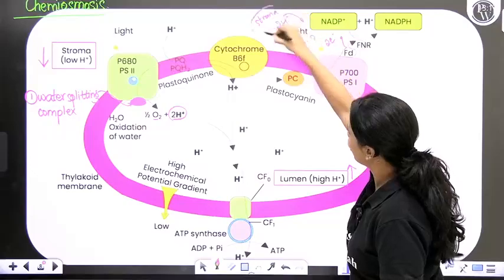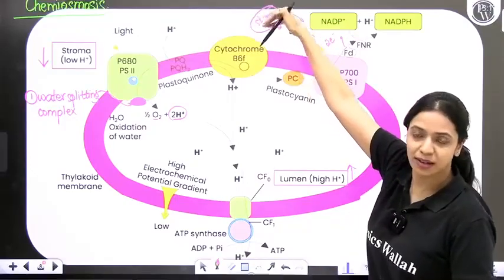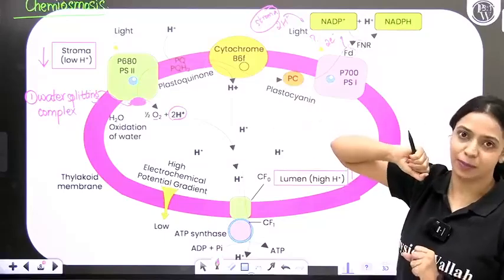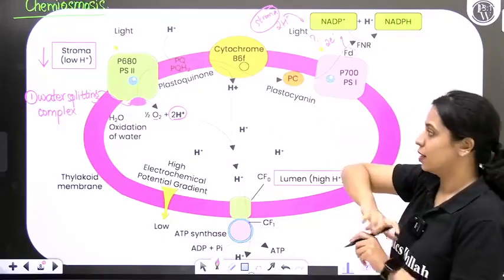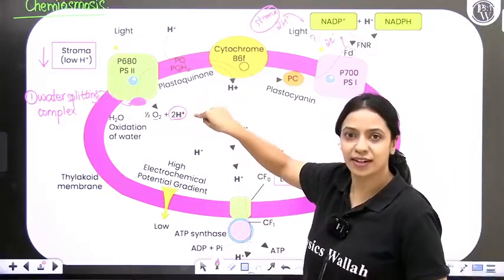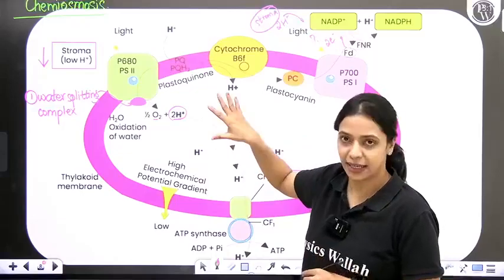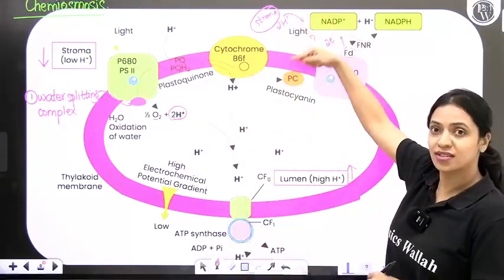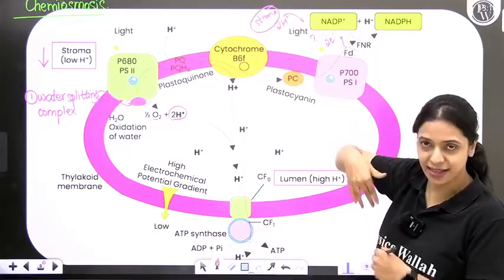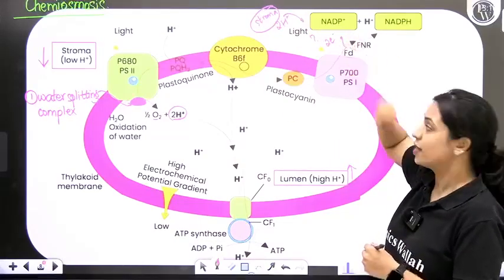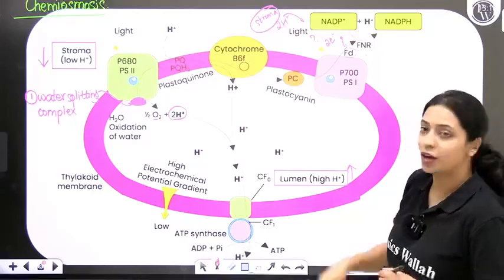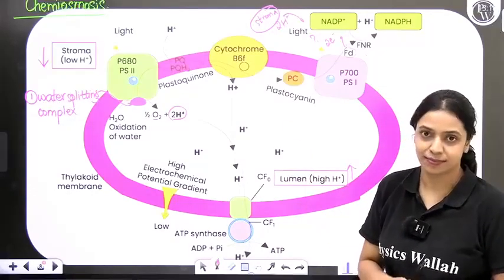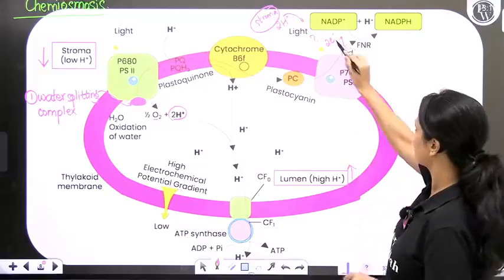So whatever protons are existing in the stroma, their number is further coming down because NADP+ is picking them up. Firstly, proton concentration is becoming more in the lumen because of water splitting. Secondly, proton concentration in the stroma is becoming less because NADP+ is picking up protons from the stroma to form NADPH. 2 points. This is the second reason.